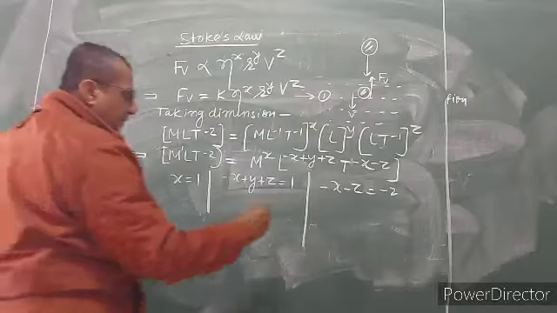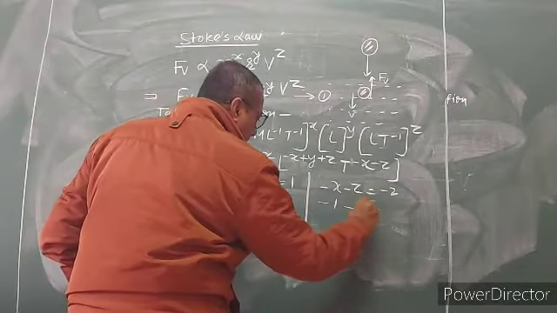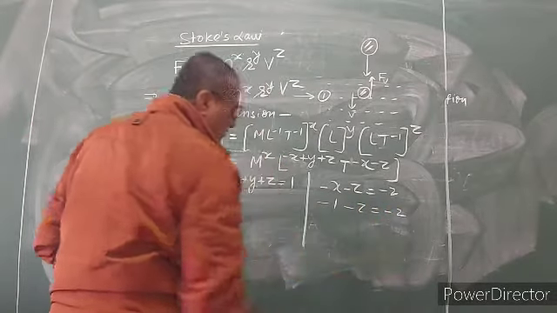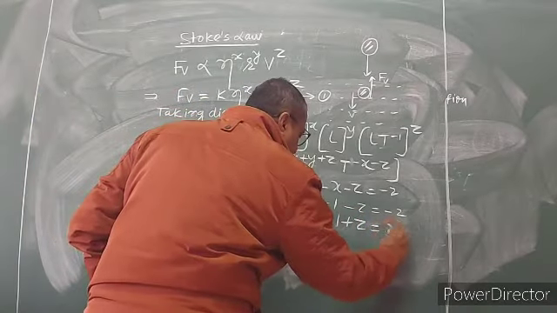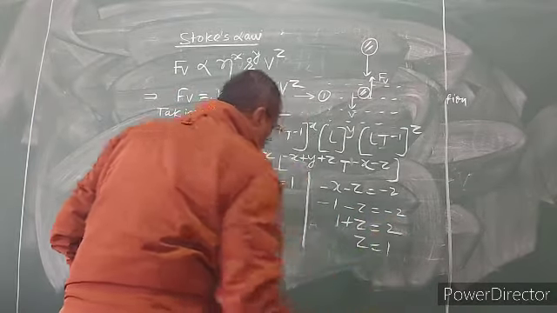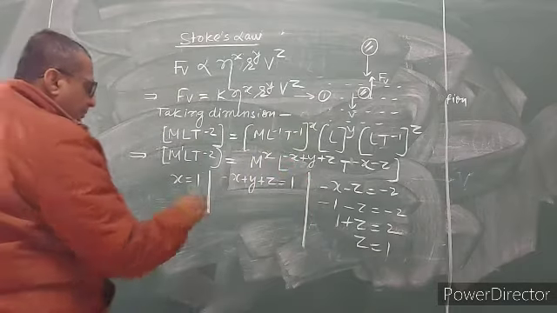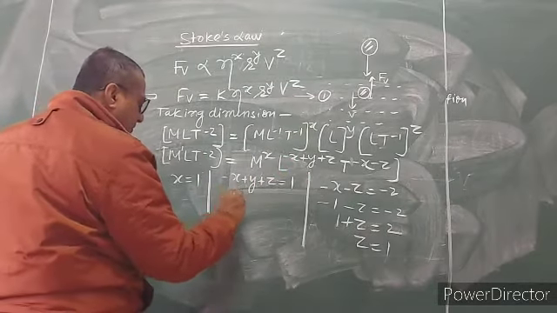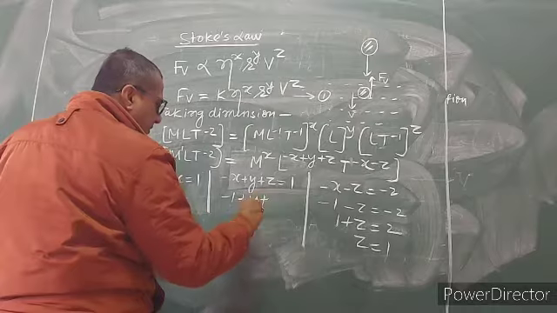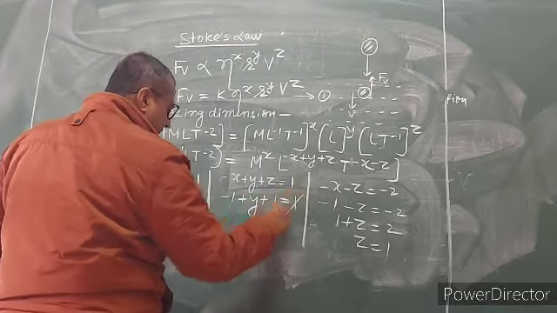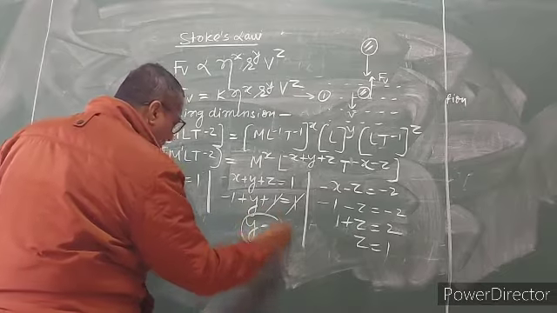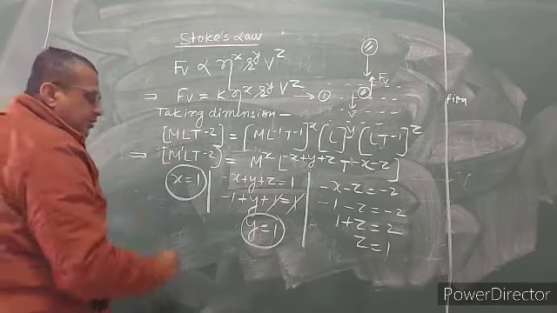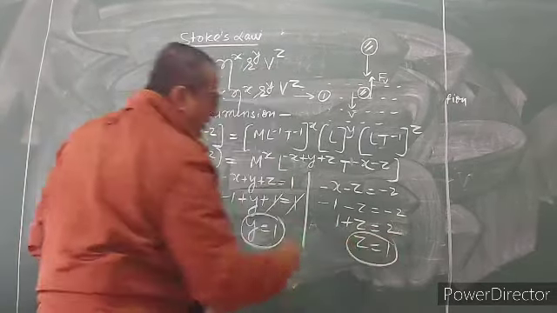Putting x equal to 1, we get 1 plus z equals 2, then z equals 1. Putting the value here, minus 1 plus y plus z equals 1, it will be cancelled, then y equals 1. We got y equal to 1, x equal to 1 and z equal to 1.